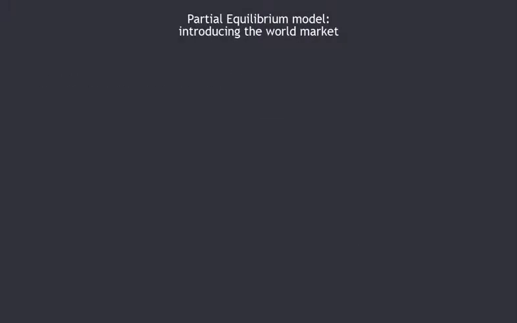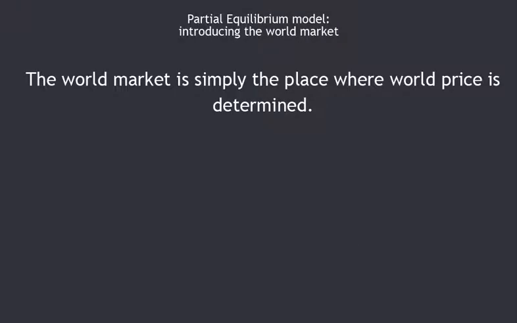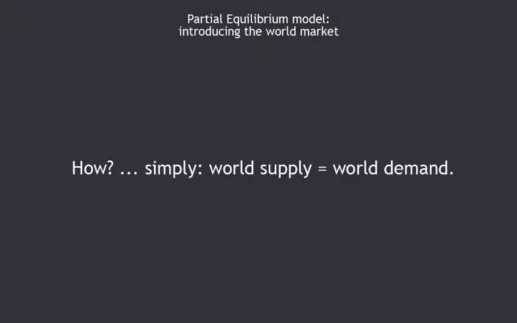So let's now present how we model the world market. In fact, we simply say that the world market is the place where the world price is determined. You remember that this is something I mentioned earlier in another lesson, that we can determine a price by an equality between supply and demand.